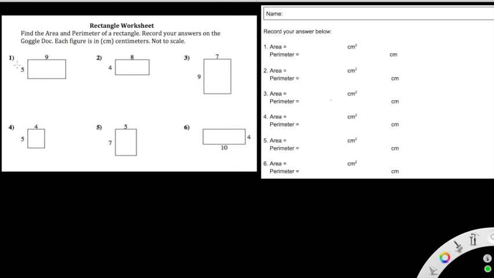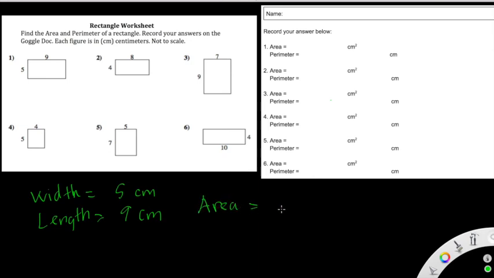So as you can see here, the width is 5 centimeters and the length is 9 centimeters. And Mr. Wu said that the area equals the width times the length.